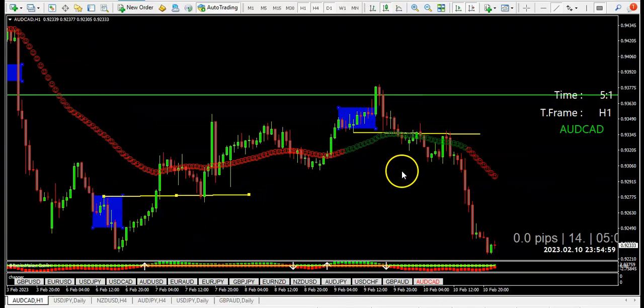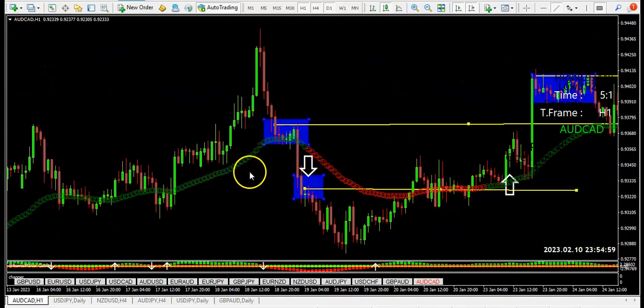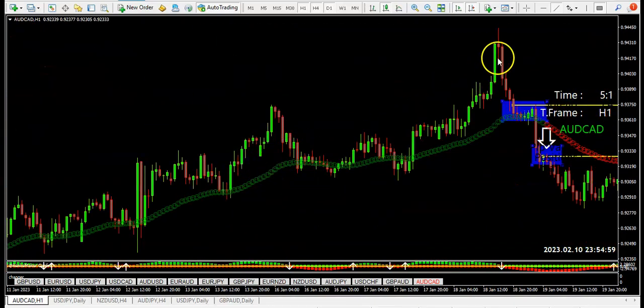So yeah, let me just do it. Let me do a few more. Structure went down. It didn't break it. Shot right back down. Come on, get out the way. Structure. Kind of broke it.